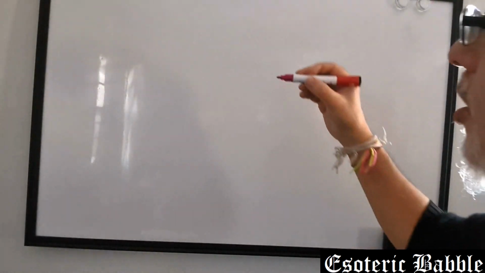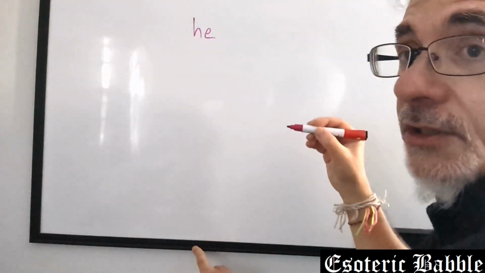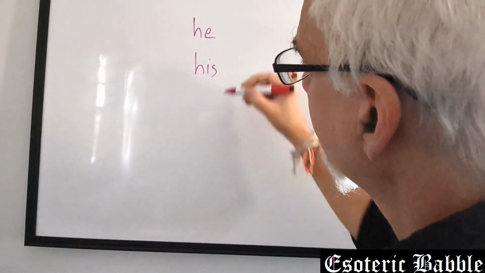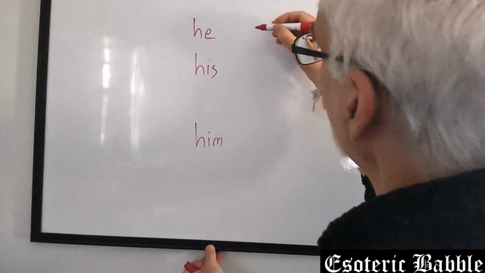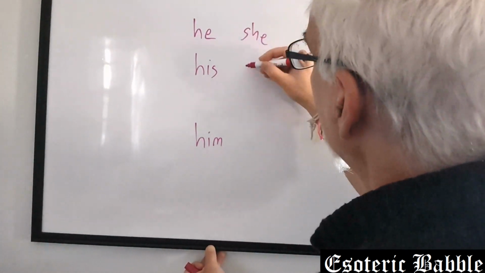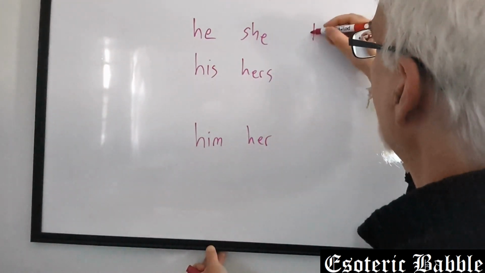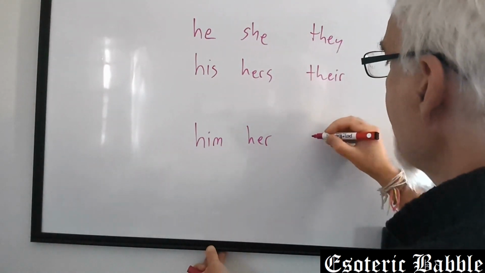So let's start. We're going to take this word, he. He, his, and him. We could also take the words she, hers, and her, or even they, their, and them.